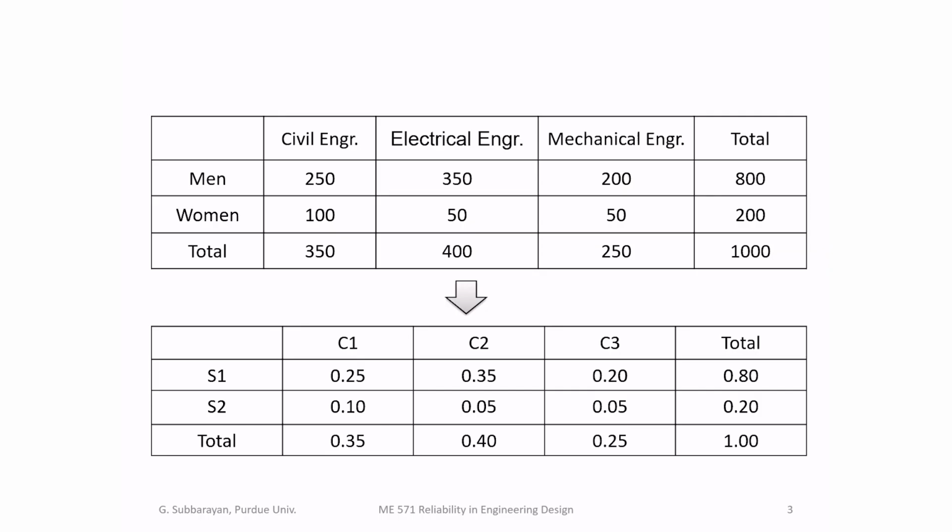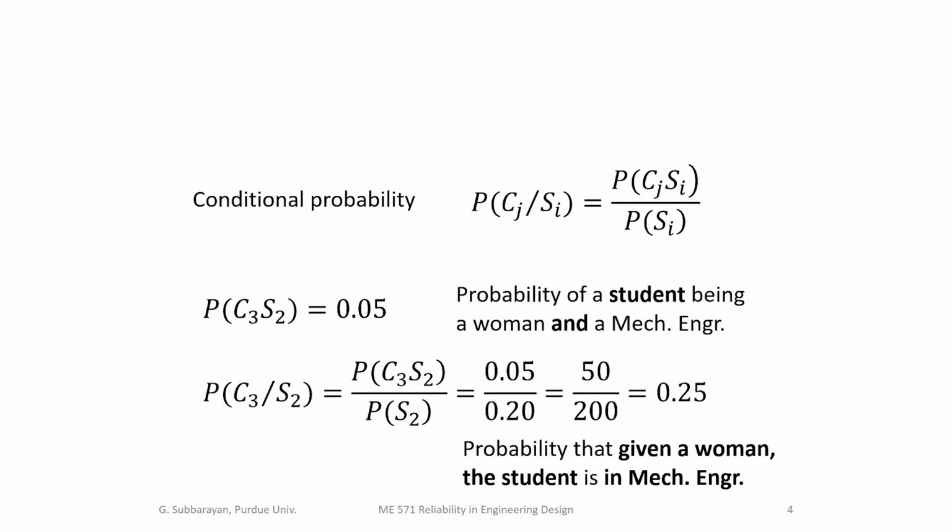The second question is, given that a student is a woman, what's the probability that she would be in mechanical engineering? That's a conditional probability question. The first question is the probability of C3 and S2, student is a woman and in mechanical engineering. That's a straightforward one.